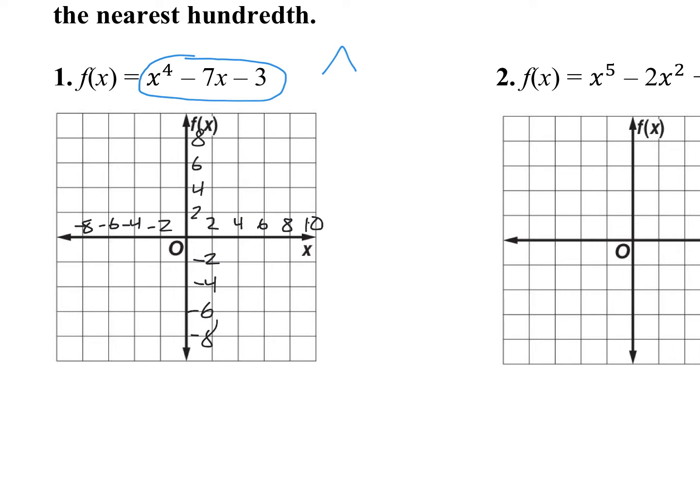Okay, so after you graph it, you should see something that looks kind of like this. So it hits at 1.2, negative 9.3. So it hits down here. It also hits around here. Okay, so it looks kind of like this.